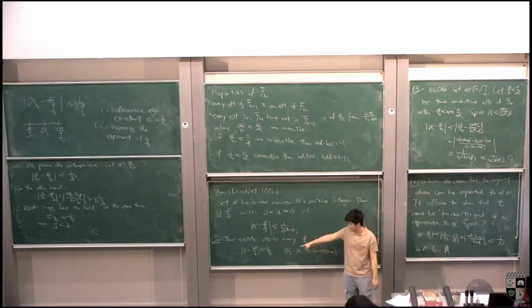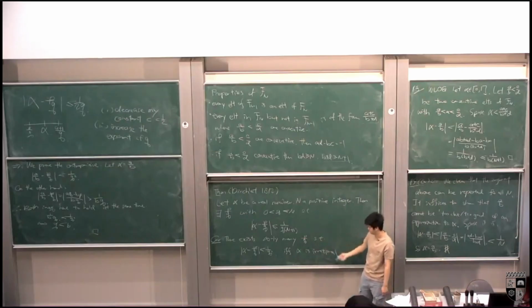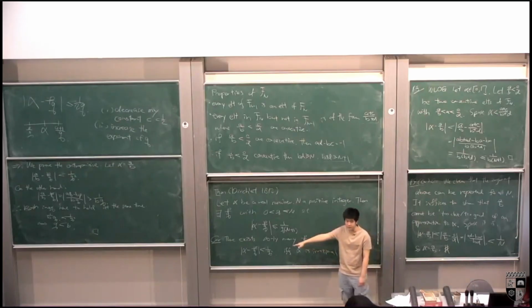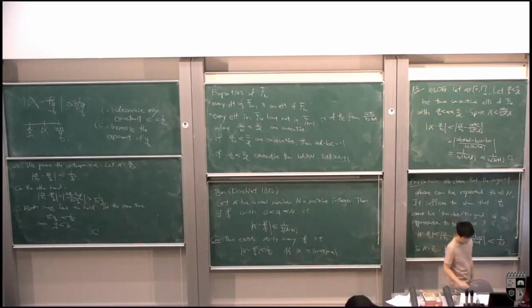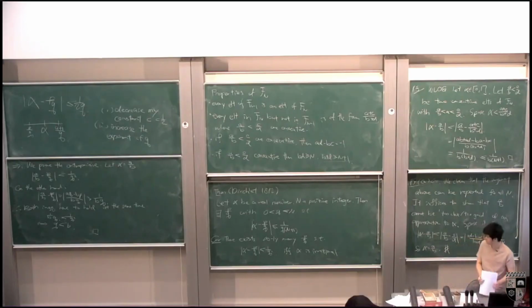But here, I'm saying that if alpha is irrational, I should be able to find infinitely many rational approximations that satisfy that bound. This is a way you could define irrationality as well, if you are interested in doing so. But we've done quite a bit, actually, not just some trivial stuff, hopefully.